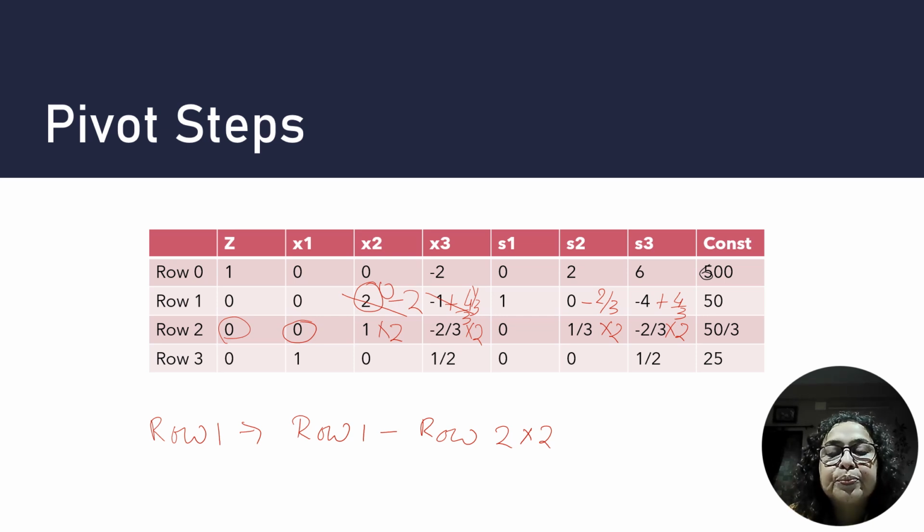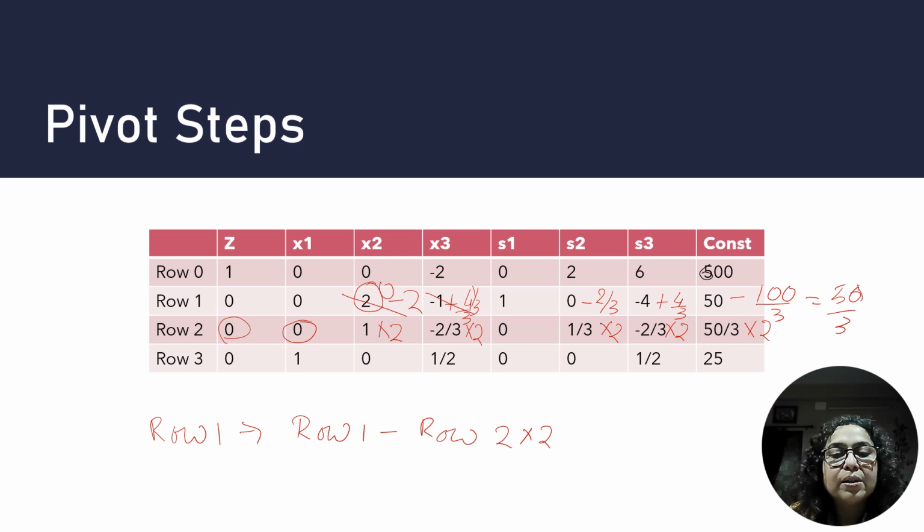And then I'll multiply this with 2. I have 100 by 3. I deduct this, so I have 50 by 3.